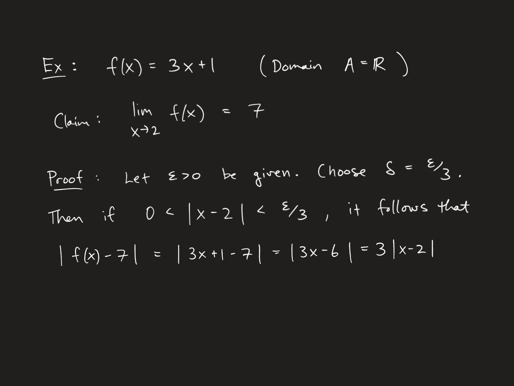And that, of course, is less than 3 times epsilon over 3, and that equals epsilon. So indeed, the distance between f of x and 7 is less than epsilon. That completes the proof in that case.